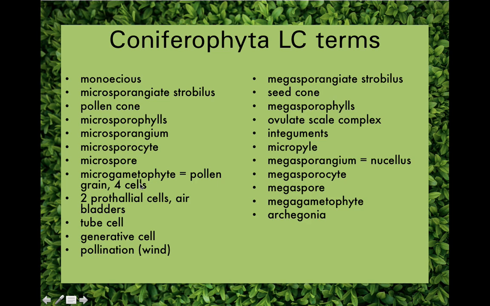So in conifers and in other gymnosperms, the microgametophyte is reduced to the point where it is only comprised of 4 cells. A pollen grain, a lot of people get confused and think that's the gamete, but it is not the gamete, it is the gamete-producing plant, the microgametophyte.